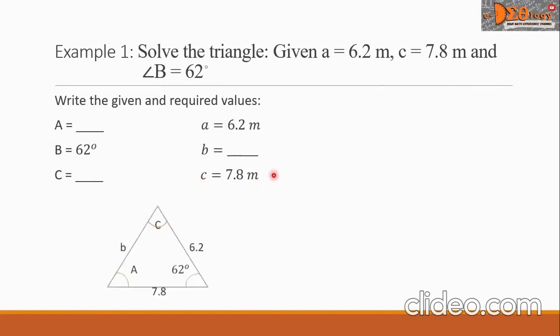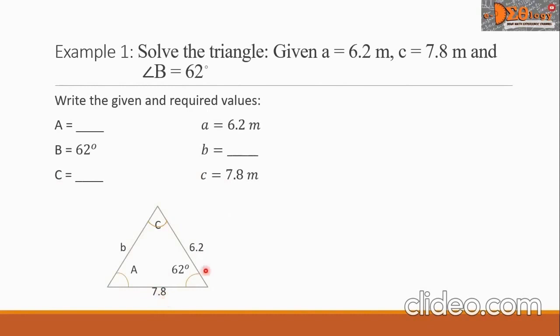Let us draw the triangle. The angle A is here and the opposite side is 6.2. The angle B is 62 degrees and the opposite side is unknown. The angle C is unknown and the opposite side is 7.8 meters.